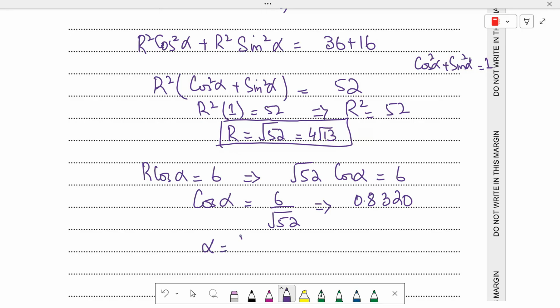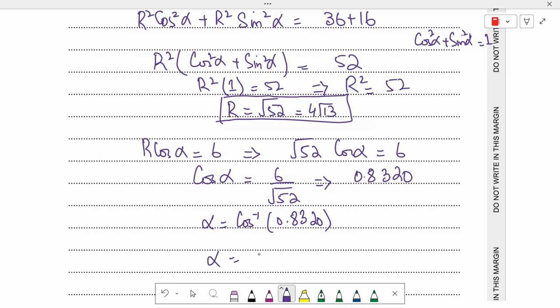So alpha is equal to cos inverse of 0.8320, and alpha is equal to 33.690067.